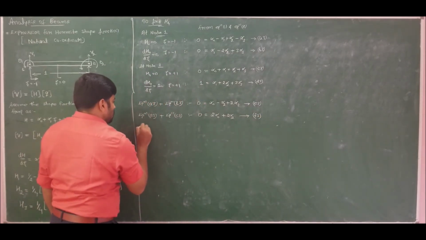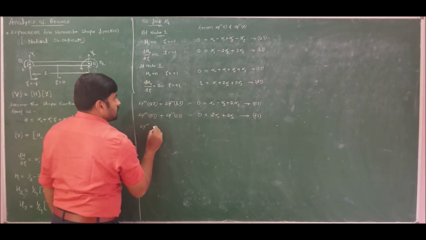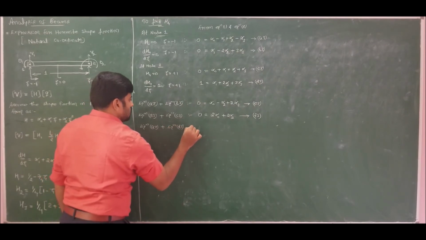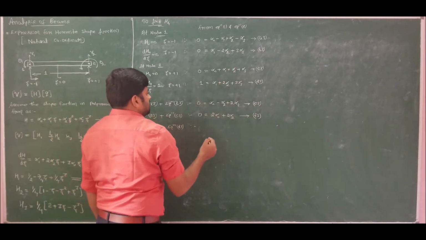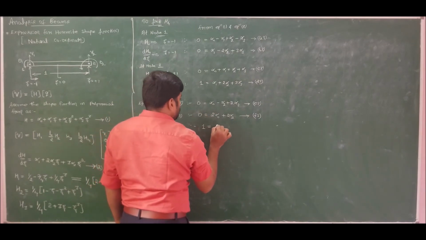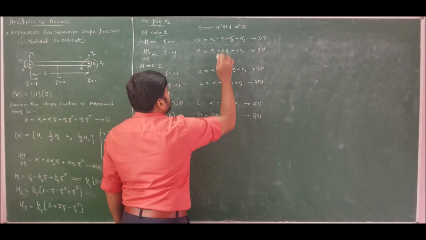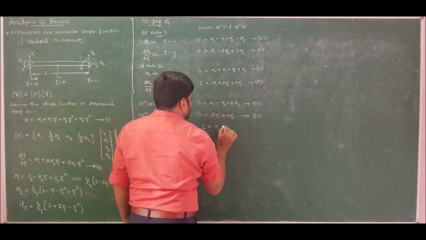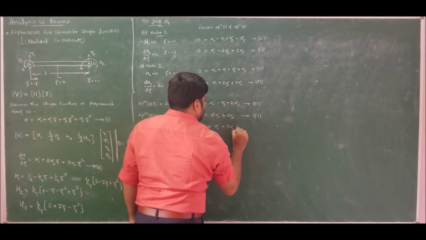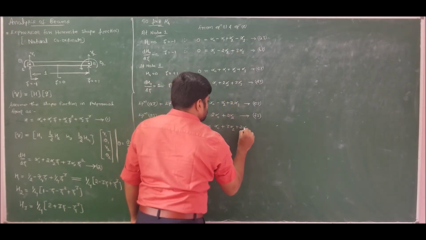Next, go for equation A3 plus equation D3. Equation A3 plus D3 will be 0 plus 1 is 1 is equal to alpha naught, alpha 1 will get cancelled, plus 3 alpha 2 and plus 2 alpha 3.